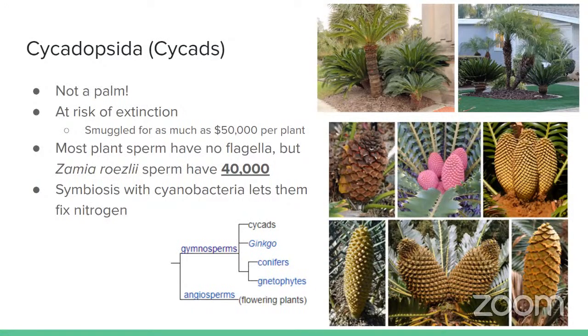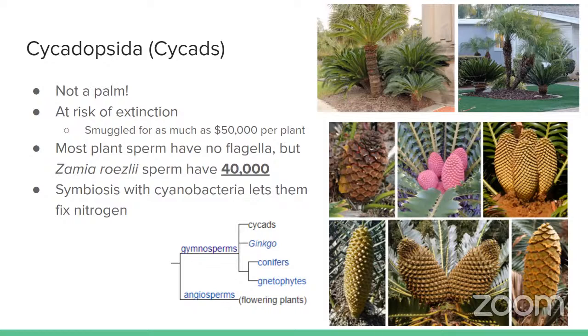Another cool thing about them is that they can fix nitrogen. Nitrogen is a nutrient that plants need. We need it too. But most of the nitrogen in the soil is not really bioavailable. Most plants can't take it up. So we have specific plants called nitrogen fixers that are able to convert the type of nitrogen that's in the soil into a type of nitrogen that plants can use.